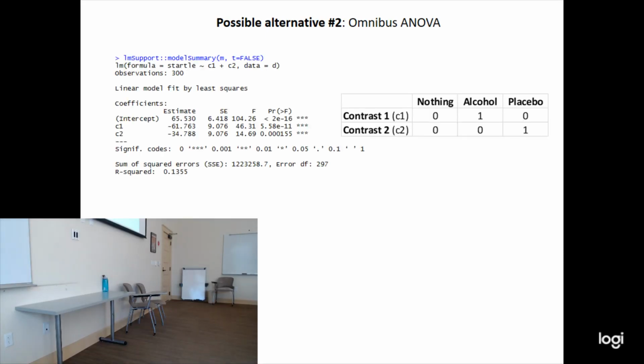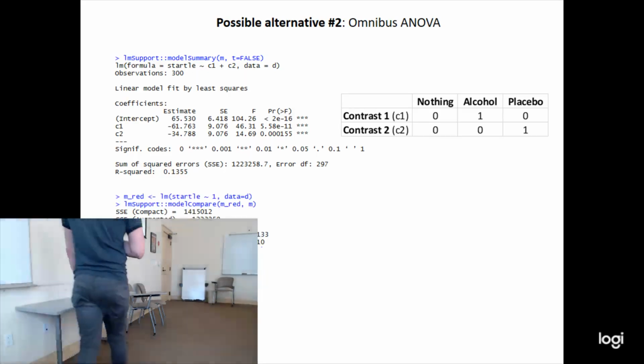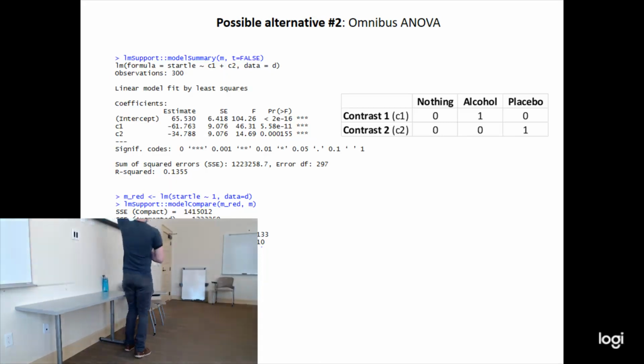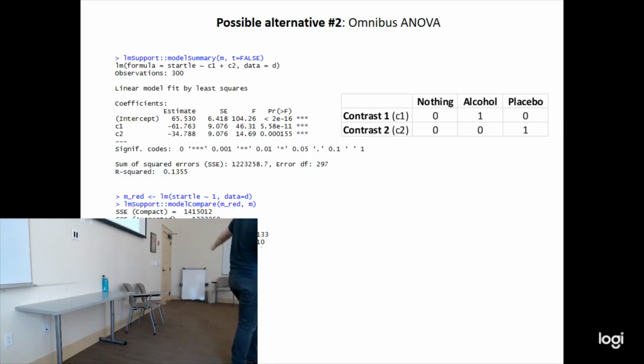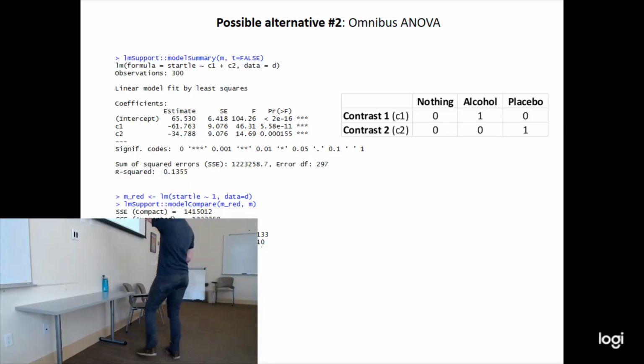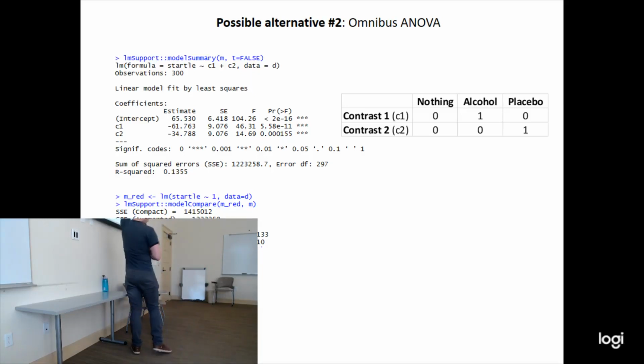So this is the model that we ended up with, and this is what it looks like if you test that joint hypothesis. You fit a compact model where both C1 and C2 are 0 because they're not estimated. And then you compare the model that we ended up with to that compact model.